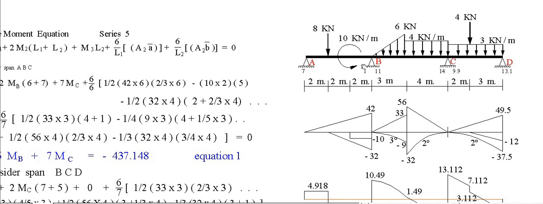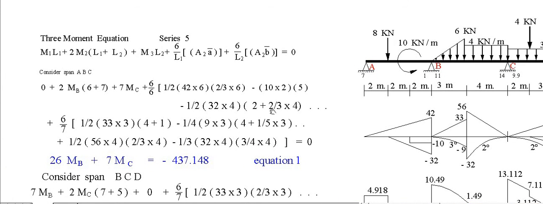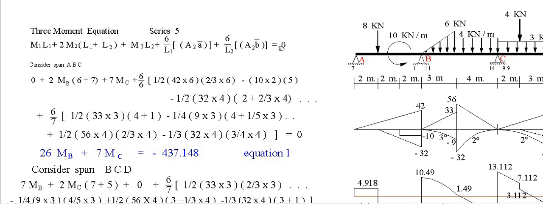So when we consider two spans at a time, just like ABC, the moment by parts on the left, AB, is this formula. On the right, BC, the moment by parts is this one. We consider two spans ABC, so we follow this formula.